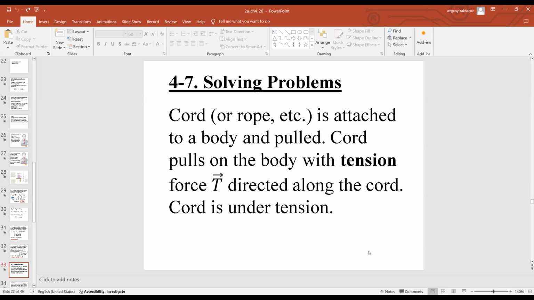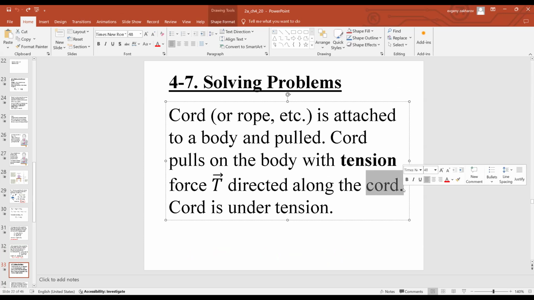Okay, solving problems. For that, we need to define a few more forces. Specifically, tension. Tension is always there when there is some kind of a cord or a rope or a cable.